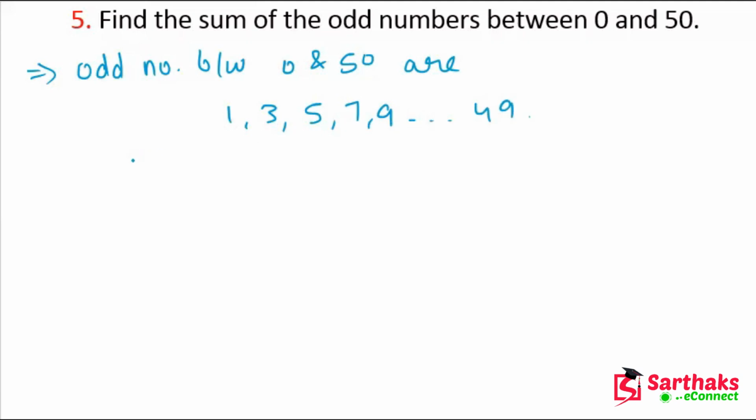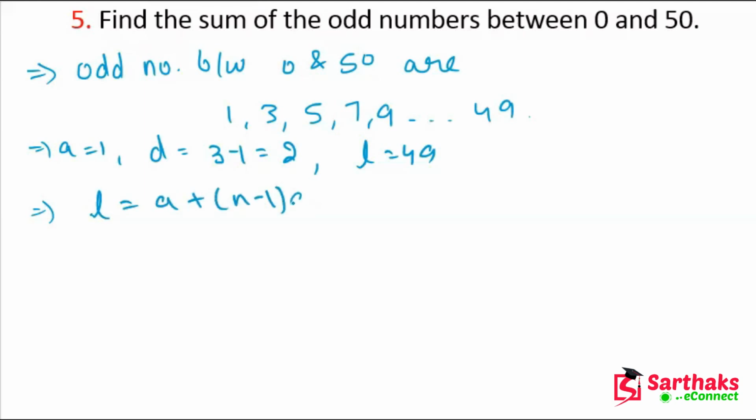Okay, so therefore we can see that these odd numbers are in the form of an AP, where a is equal to 1 and d is equal to 3 minus 1, which is equal to 2, and we also have l is equal to 49. So we can find n. How? l is equal to a plus (n minus 1) into d. So we have 49 is equal to 1 plus (n minus 1) into 2.